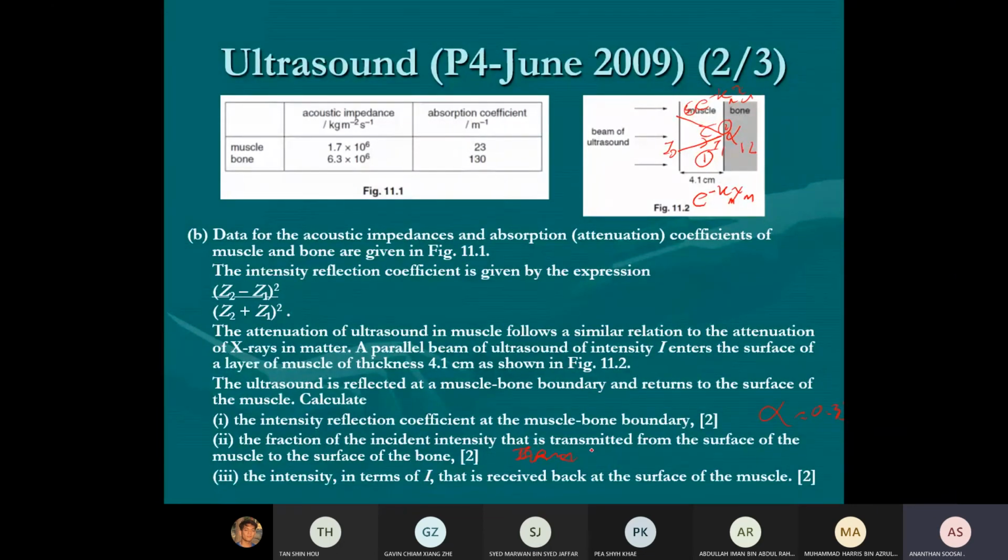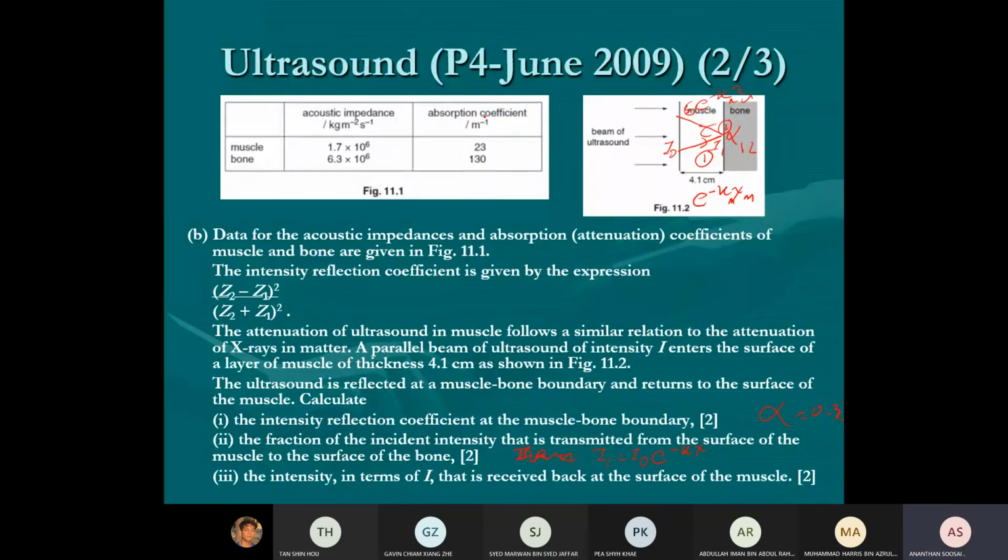So how do you find I1? I1 equals I naught e to the negative kx. Which K? K of the muscle, 23 per meter. X is the thickness of the muscle, 4.1 cm. It's a trap.